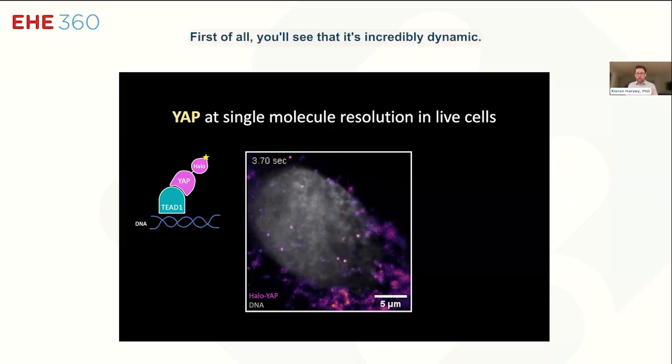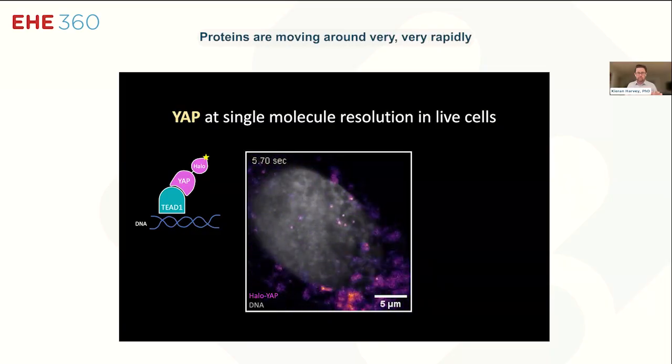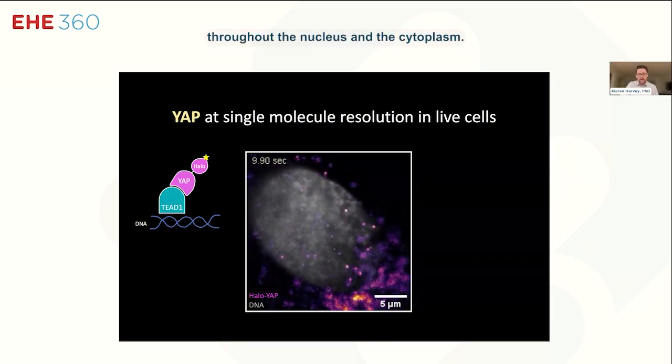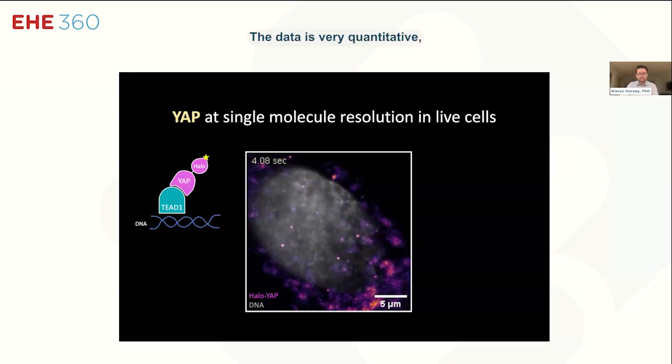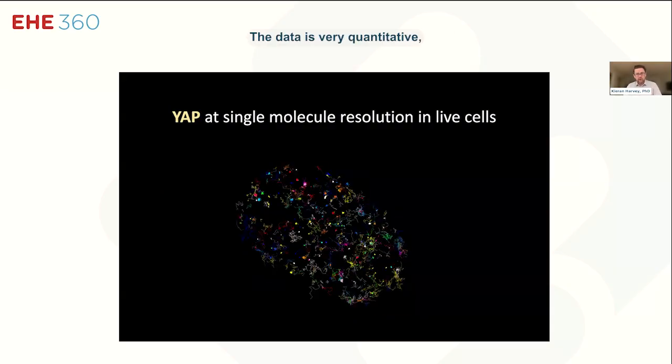So we can gain a lot of information from this. First of all, you'll see that it's incredibly dynamic. Proteins are moving around very, very rapidly throughout the nucleus and the cytoplasm. And occasionally they're sitting still, and that's when they're binding to DNA. The data is very quantitative, so we can use computational algorithms to track the behavior of every one of those individual proteins.